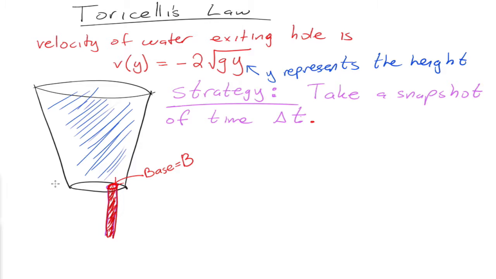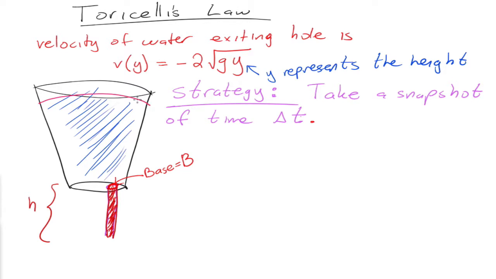Let's label this H. If I were to ask you how much water exited, it would be the volume of this little tube, which is simply B times H, the base times the height, based on the way that I labeled it.